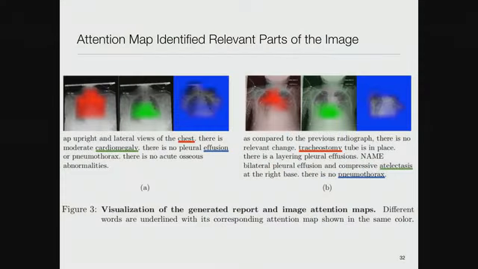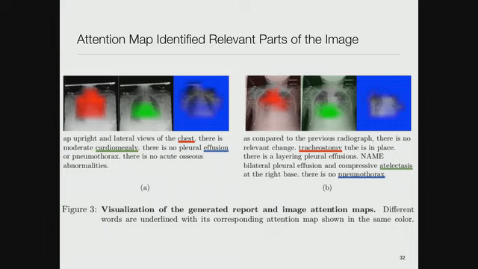You say an upright and lateral views of the chest in red. Well, that's kind of the chest in red. There's moderate cardiomegaly. So here, the green certainly shows you where your heart is. Okay? About there and a little bit to the left. And there's no pleural effusion or pneumothorax. This one is kind of funny.